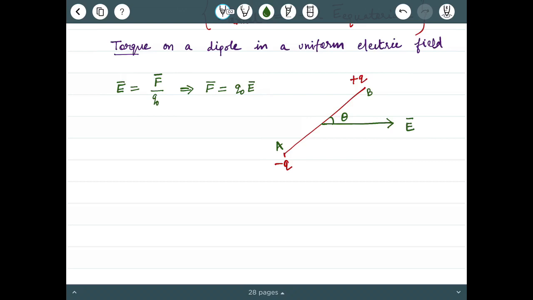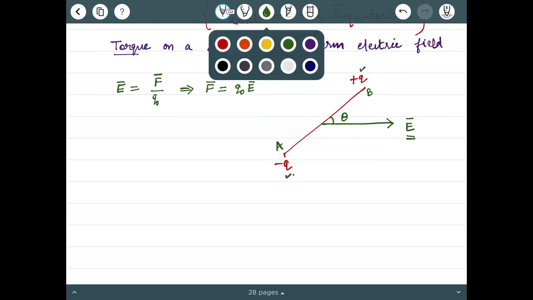It means there will be force on this charge plus q and there will be force on this charge minus q, because both are placed in an external electric field. Please remember, this electric field E is not due to any of these two charges.